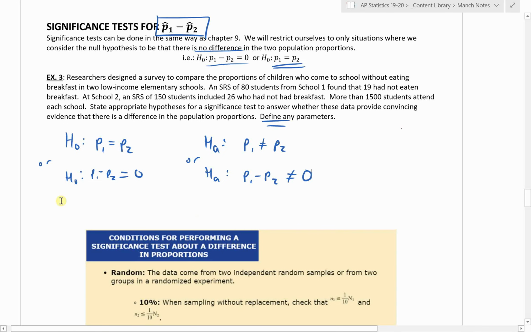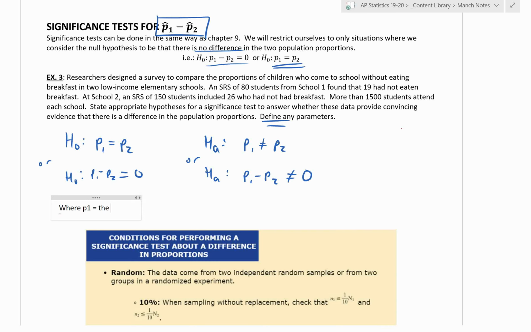So let's go ahead and do that. So we can say these are our hypotheses where we're trying to test whether the proportion of students who come to school without breakfast is different from one school to the next.